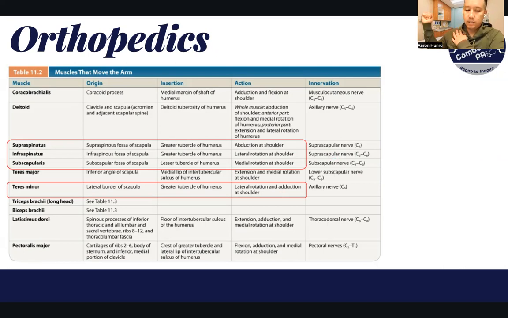Subscapularis is medial rotation, going in, and then infraspinatus going out with that lateral rotation. And then teres minor also helps with that lateral rotation and adduction, so going into us, right? So abduction is like you're being abducted out, and then adduction, you're adding into us. All right.